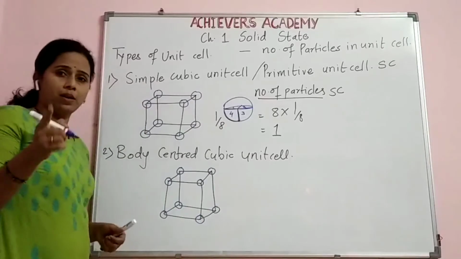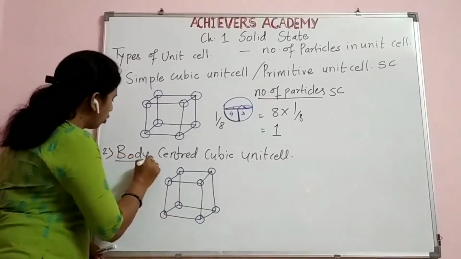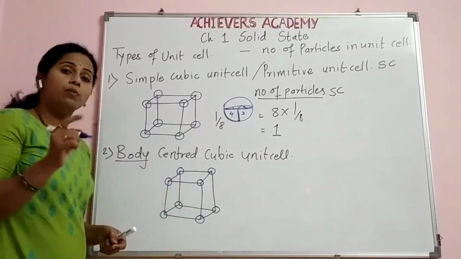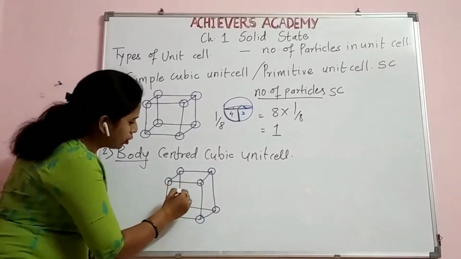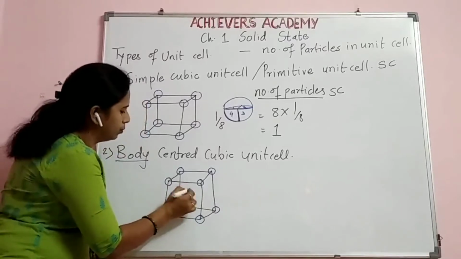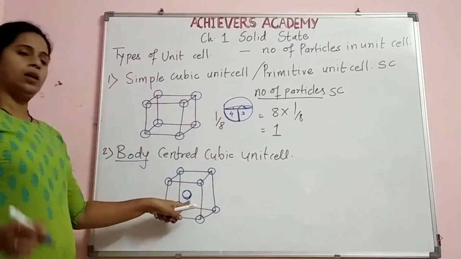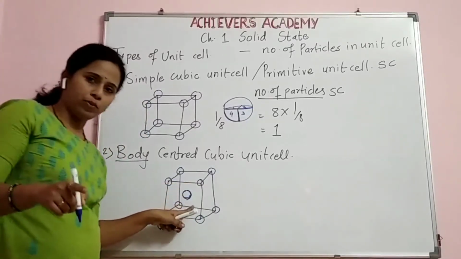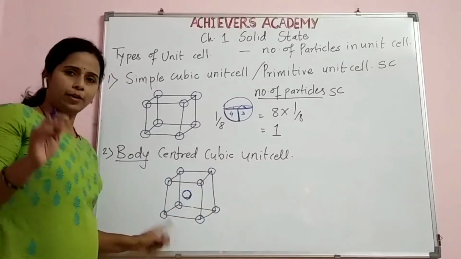Along with these 8 particles, you will see at the body of this cell one more particle is there. So we will show that at the center like this. So one particle is present at the center of the body and 8 particles are present at the 8 corners.